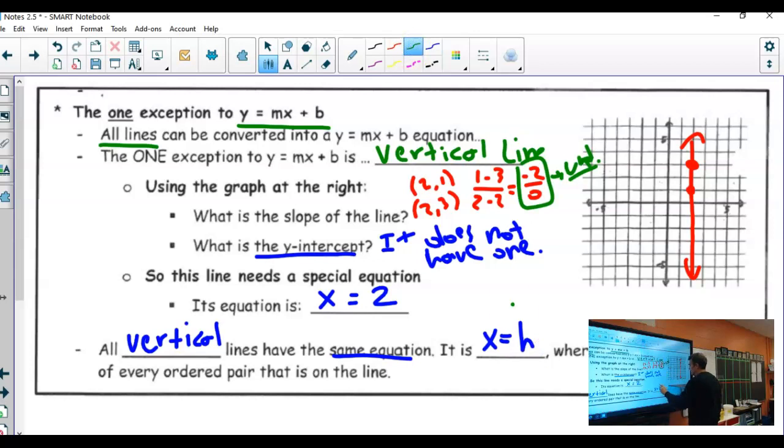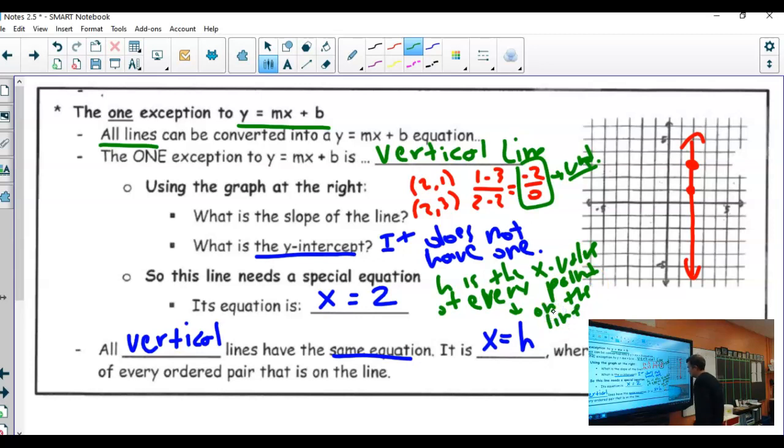And what we say is this h: H is the x value of every point on the line.